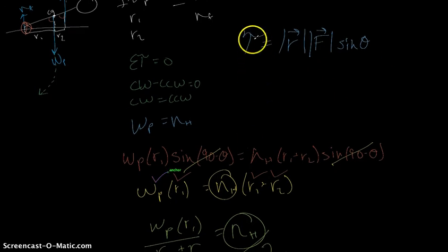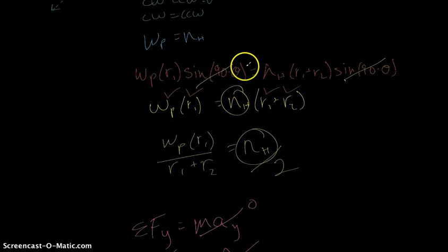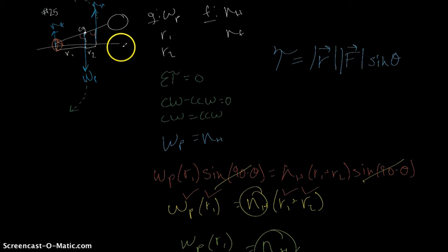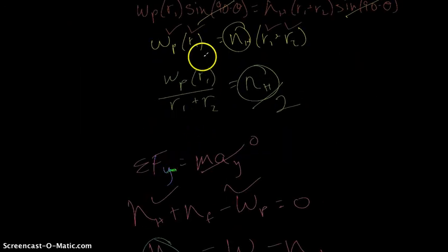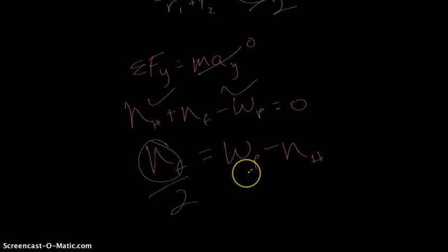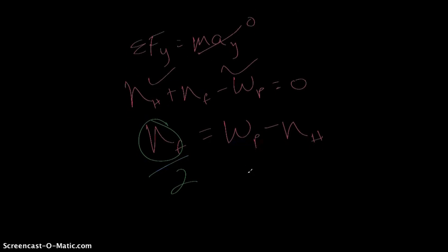We used torque equals RF sine theta and plugged in everything we had here. The angles ended up canceling because they were the same, 90 minus theta. Then from here it was pretty straightforward, and then again we summed the forces to get the last normal force.